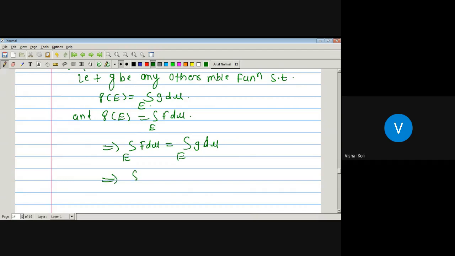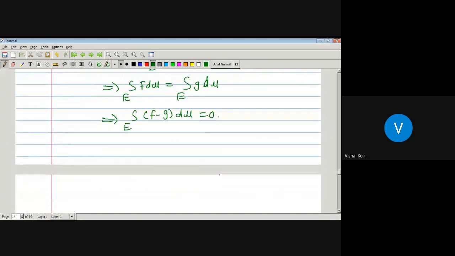So this can be written as the integration over set E of (f minus g) d mu, which is equal to 0. And we have proved one result: if the integration over set E of f is equal to 0, then f equals 0 almost everywhere with respect to the given measure mu.